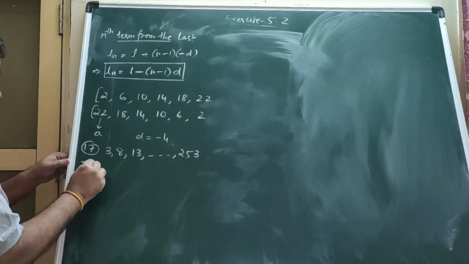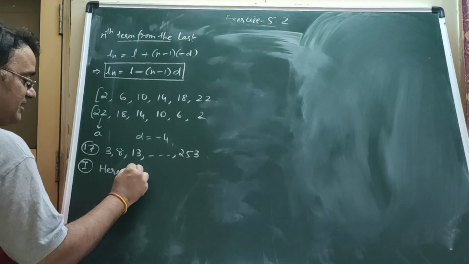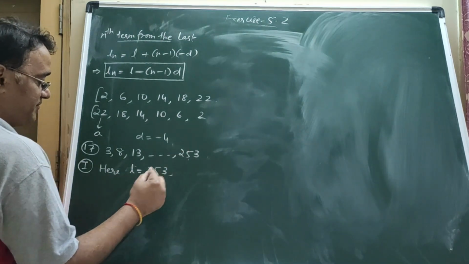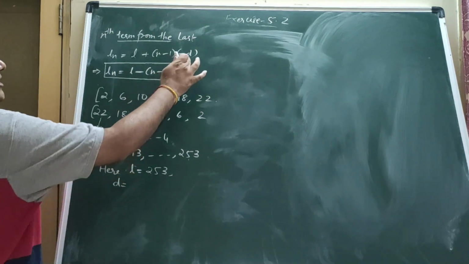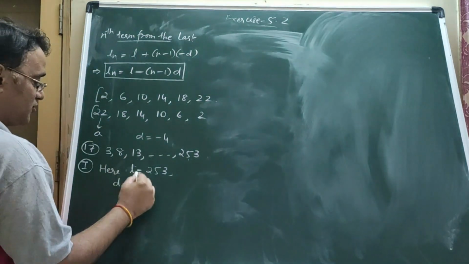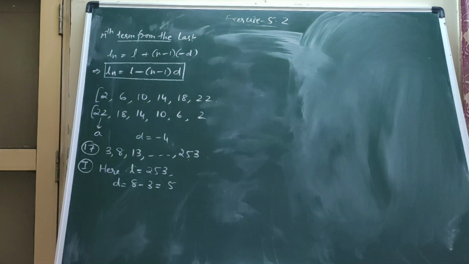So this is the method number 1 by using the formula. So here the last term is 253 and ये जो D है, D is the common difference of the given AP. So 8 minus 3, second term minus first term is equal to 5. Okay.